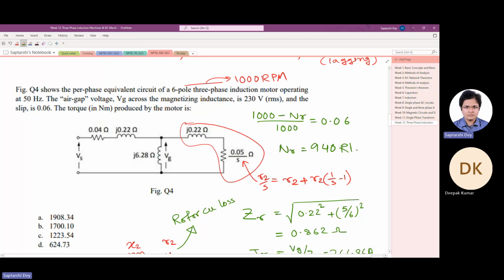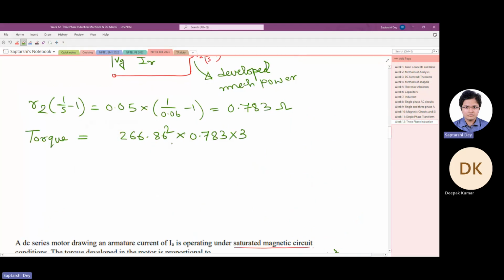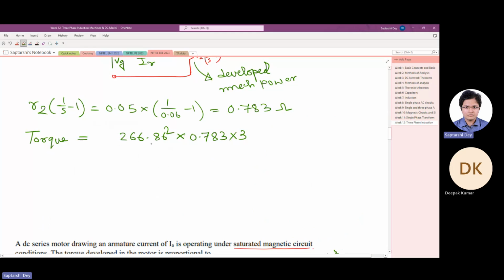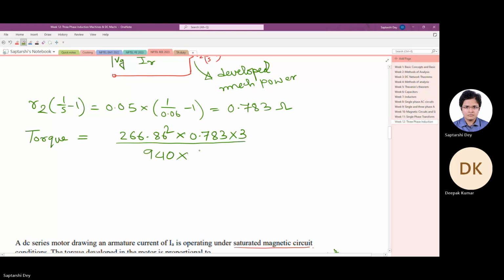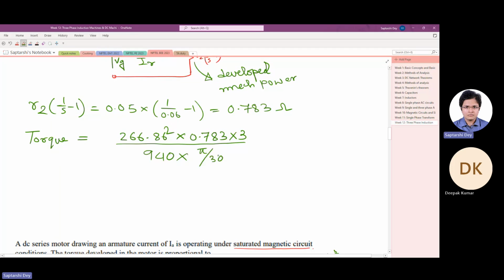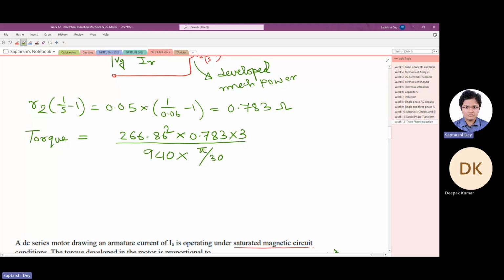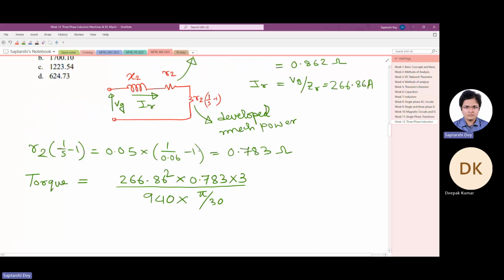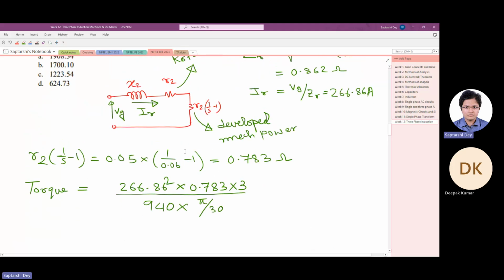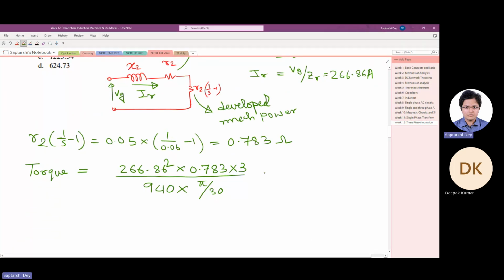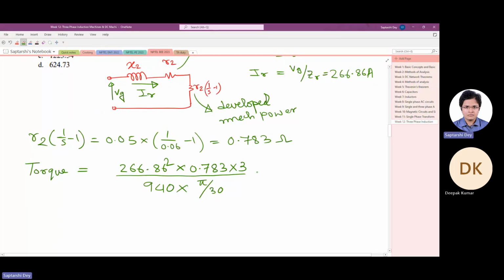So at 940 rpm, this much mechanical power is developed. So the torque is this by speed, 940 times pi by 30 in SI. 266.86 squared times 0.783 times 3 by 940 times pi by 30. It gives around 1699.39. So more or less around 1700 Newton meter.